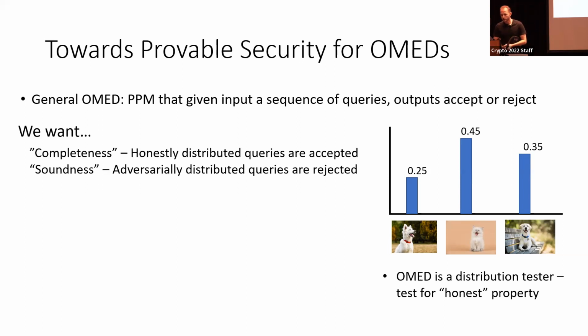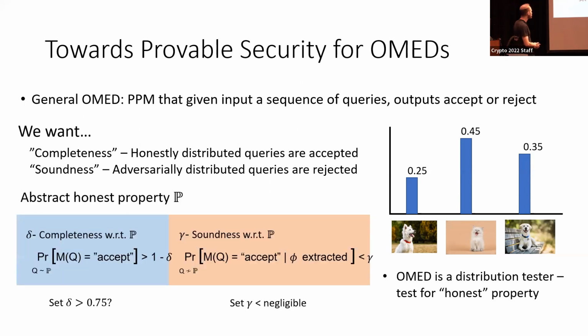Inspired by interactive proofs, something we might want is completeness, when honestly distributed queries would be accepted, and soundness, when adversarially distributed queries would be rejected. Here I'm still thinking of this abstract honesty property as some subset of all distributions over the input space.